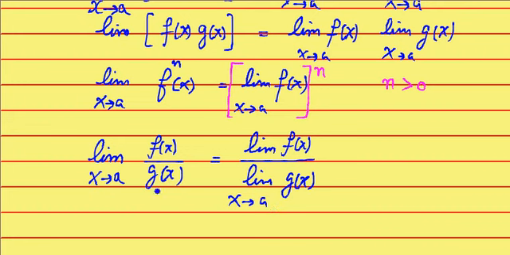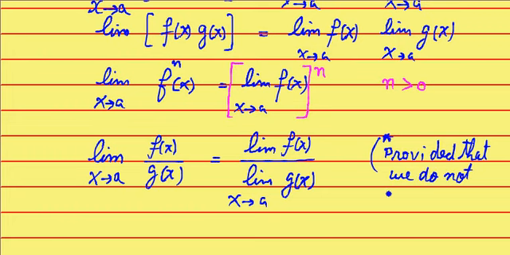So you have to assume that g does not approach 0 as x approaches a. So here let's write, there's a fine print next to this, provided that we do not divide by 0 at any stage here. That's a kind of a fine print that is next to any kind of a division you might have, so that is there all the time.